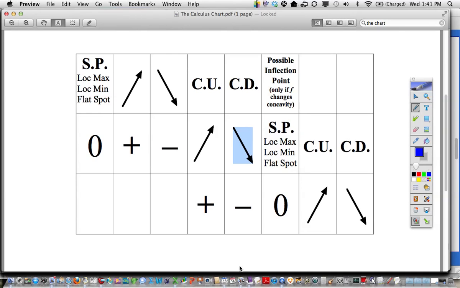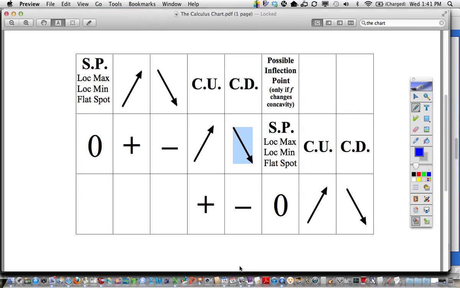At B, concave down switches to concave up. G, concave down switches to concave up. But at this one, it switches concave up to concave down, so F prime goes up then down, which means F prime would be a local max. Okay? So that was kind of tricky.